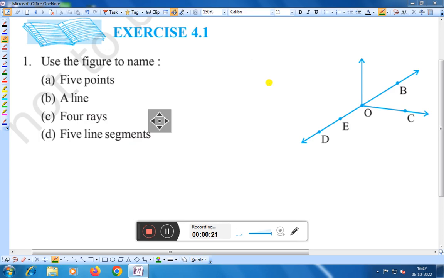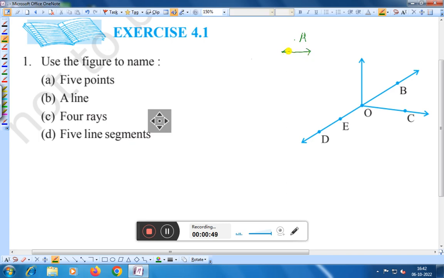Points. A point is defined like this: A is a point, and it is invisibly thin, right? It denotes a location. What is a line? You see here, a line means on both sides there will be arrows.